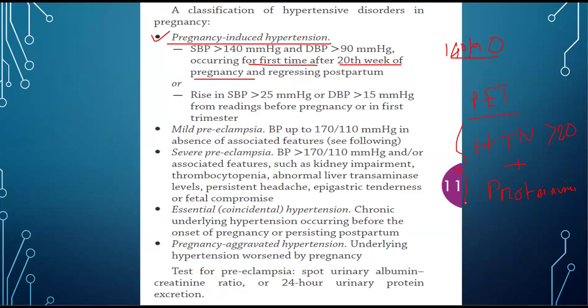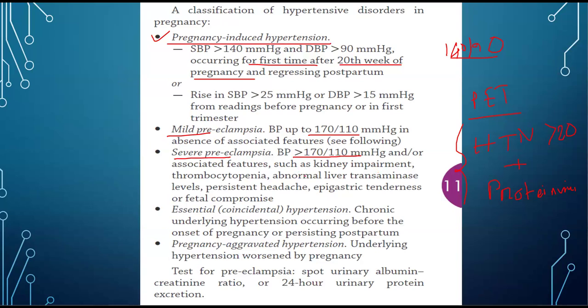Preeclampsia can be divided again into mild and severe. Mild preeclampsia is when blood pressure is below 170/110 and there are no other complicated features. Severe preeclampsia is when blood pressure goes above 170/110.